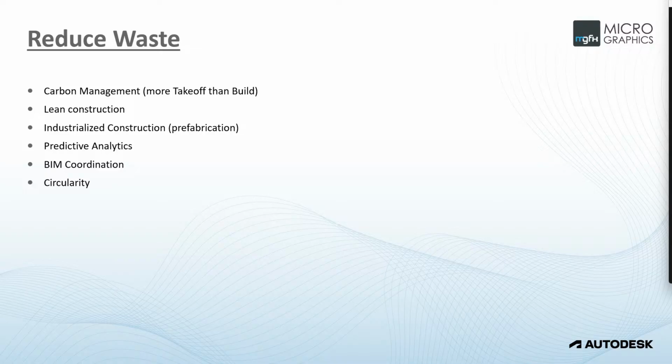If you're more efficient with the software, with the processes, with the actual construction, that means that you are using less energy and that you are harming the environment less during construction. That includes lean construction, so getting rid of extraneous roles or roles that don't play such a big part.